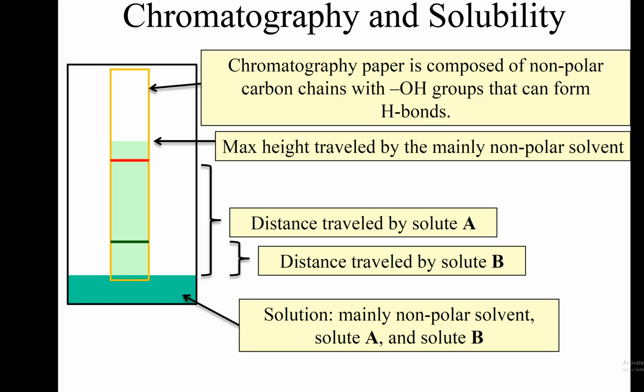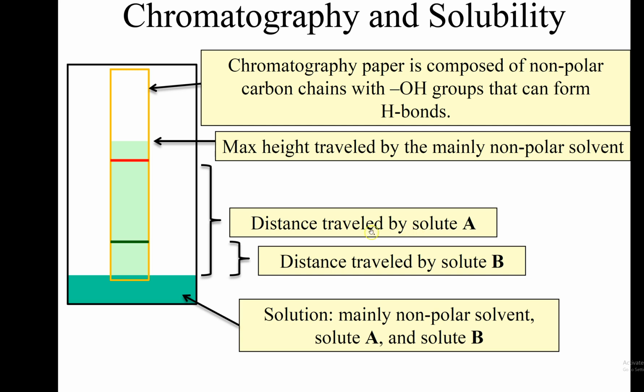Now, chromatography is another way of separating out specific chains. We've learned a little bit about solubility, but if you take a look at chromatography paper, it has nonpolar carbon chains in it. It's also got OH groups that can readily form hydrogen bonds. If you take this paper as an example, the maximum height traveled by a nonpolar solvent would be up here.